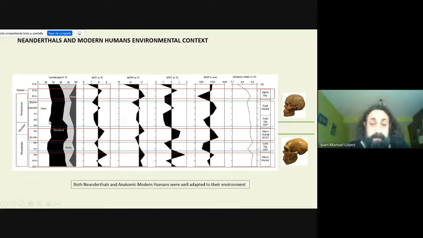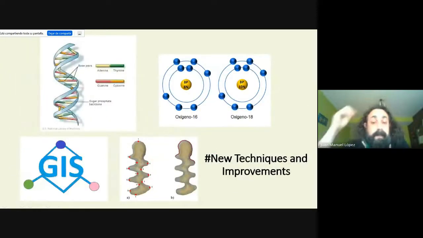But finally, in general, the most important thing is that more or less, both in the layers where Neanderthals lived, the Mousterian layers, and the Aurignacian layers, they are well adapted to the environment, because there are cold moments here and warm here, or two warm here and one cold here also.